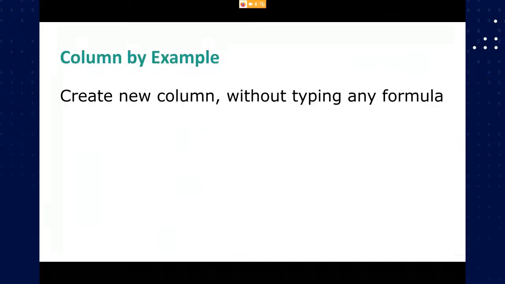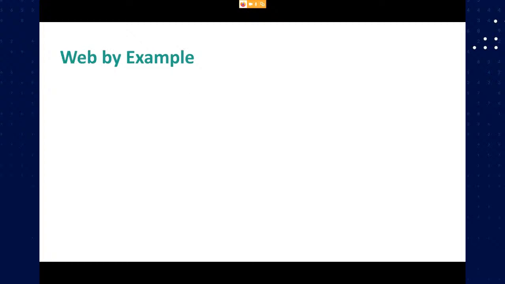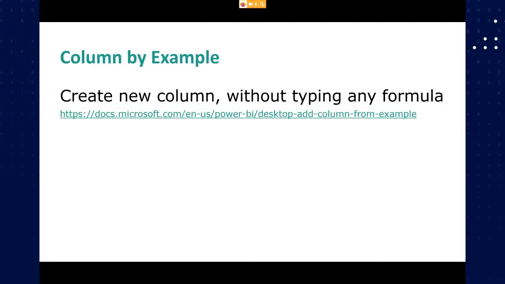I did not show you, because there was no time, the column by example, which is really cool. So if you create a new column in Power Query, of course you can write a formula, but the other way, or the smart way, is to just type in examples. So you mark some of the columns and then type in what you want to have in the first line. And usually with one or just a few examples, Power Query will discover what you are up to and will create a formula for you.